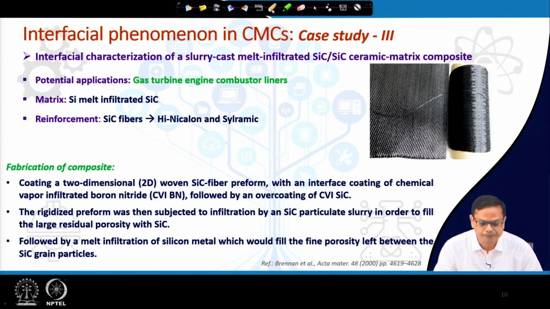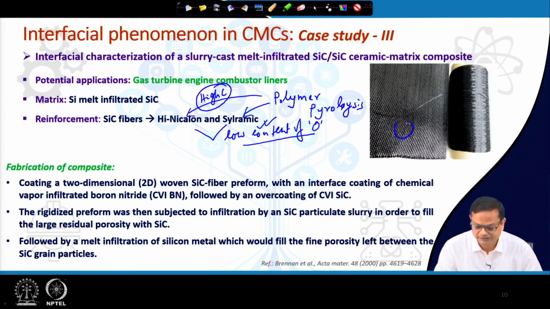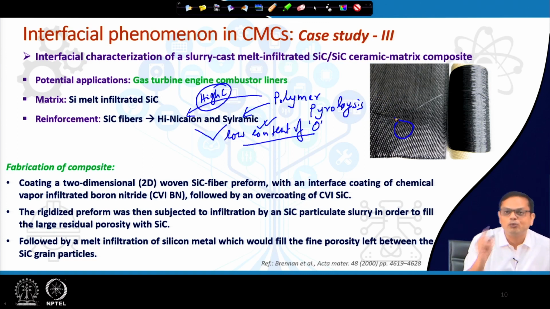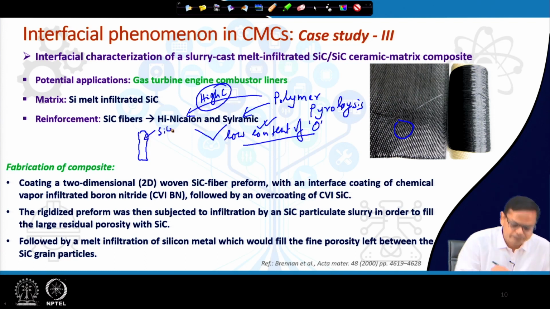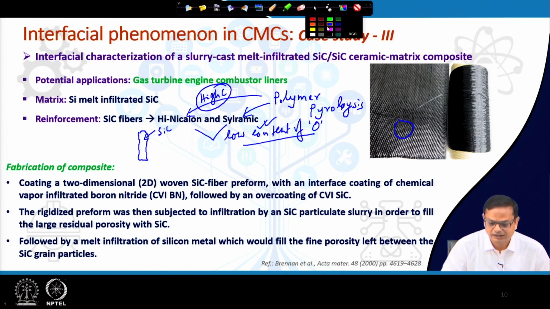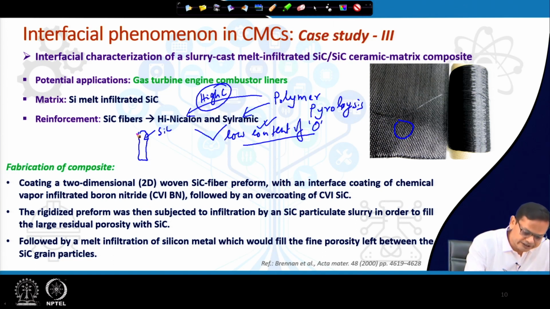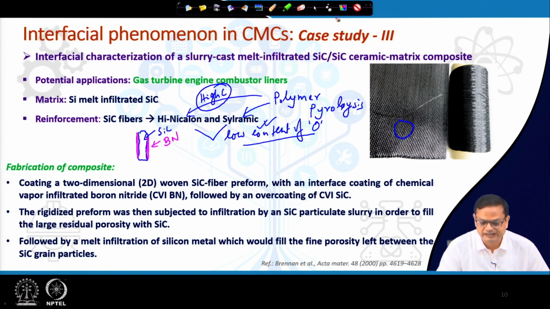Let us take this area and zoom it and look at one fiber. Let us say this is the SiC fiber, and on top of that, as you can see here, a thin layer of boron nitride has been deposited by chemical vapor infiltration.